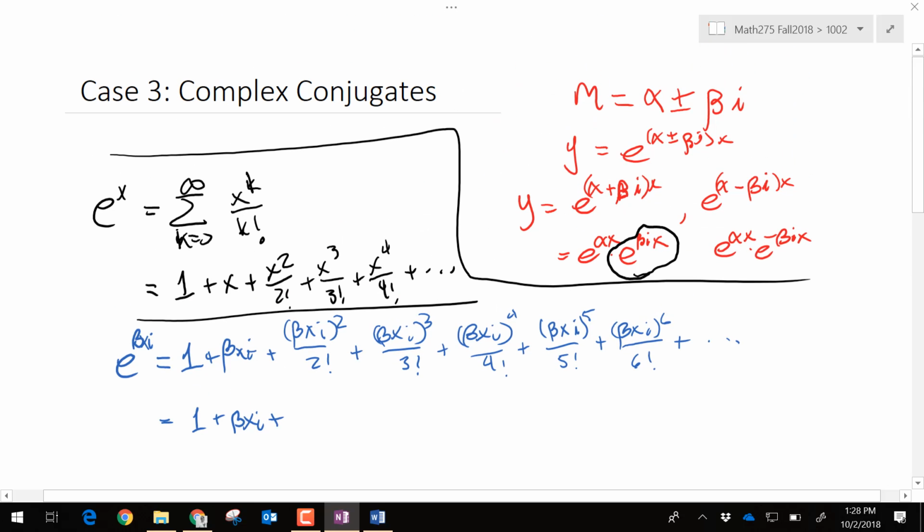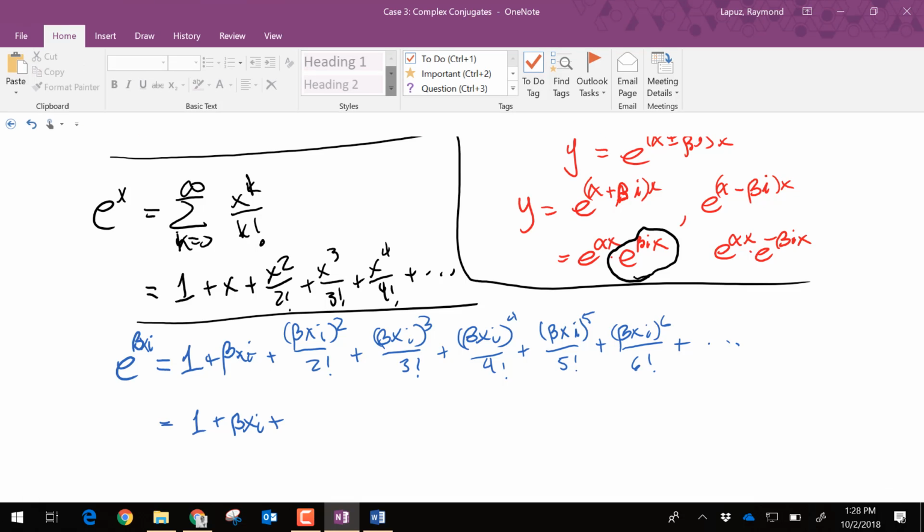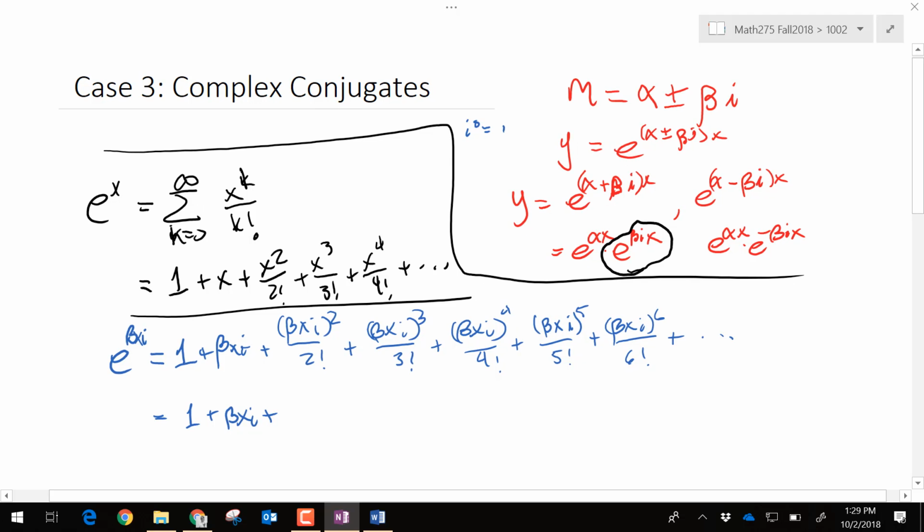So backtrack to some more information that you should know. You should know a little bit about imaginary numbers. i to the 0 is what? 1. i to the 1 is i, i squared is -1. i cubed is what?